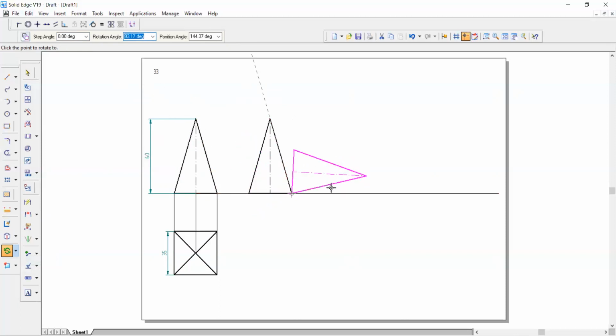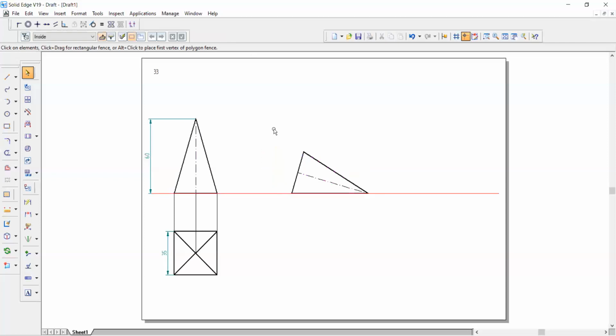Make sure rotate copy is off whenever you're rotating. So this is now resting on the slant triangular face. Naming again I'm not going to do; you can go through that from your primer itself.